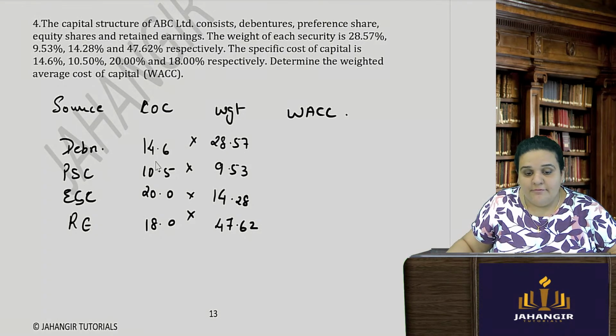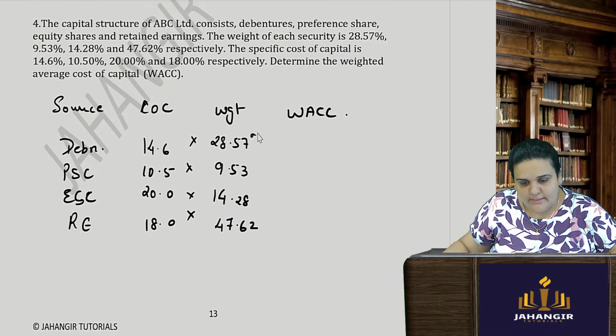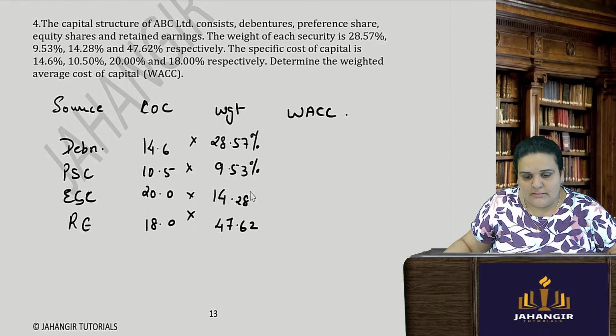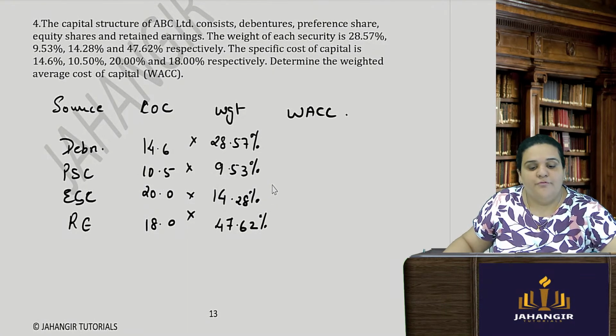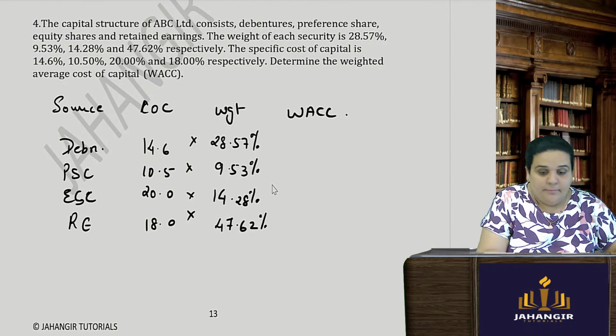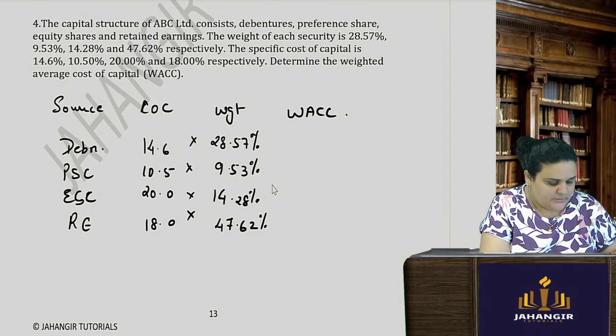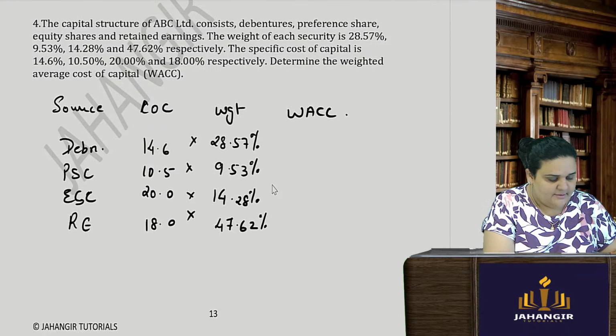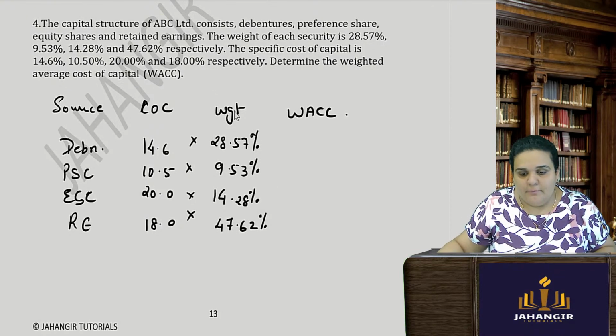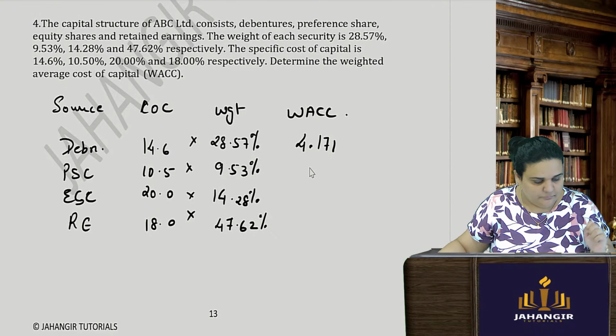How will you multiply? To the cost, apply this weight in the percentage form. Otherwise, your answers will come in very big numbers. So you will do 14.6 into 28.57%, because the weight is in percentage. Then you will get a proper number: 4.171.